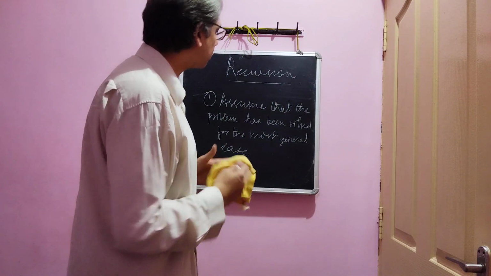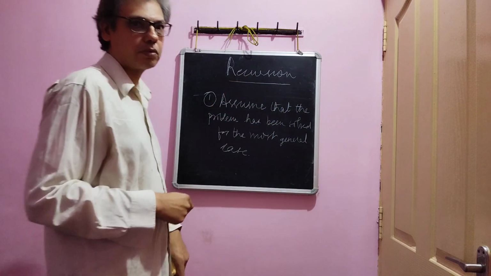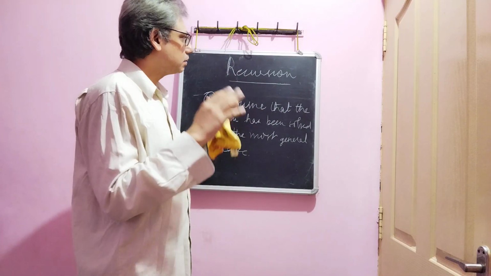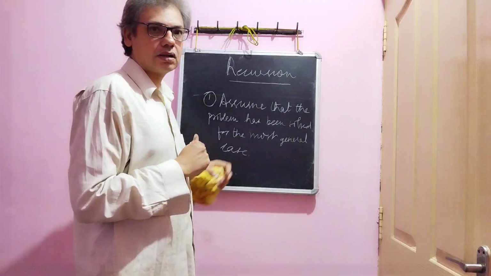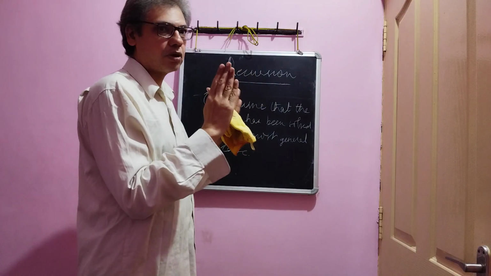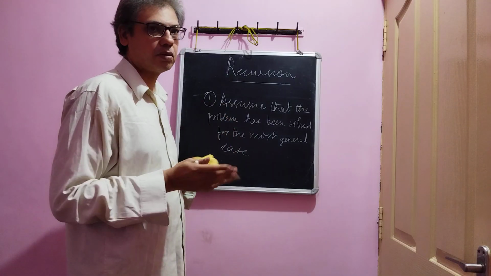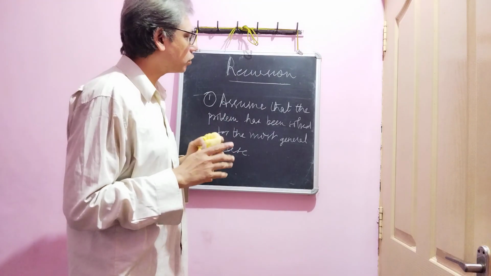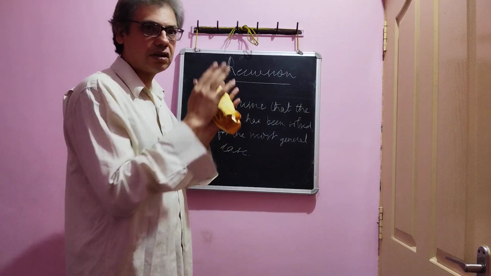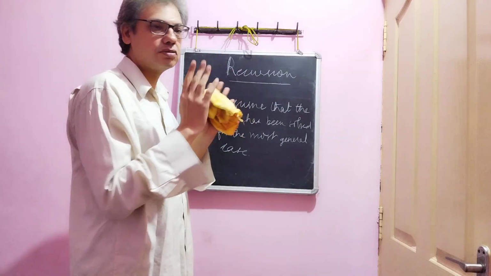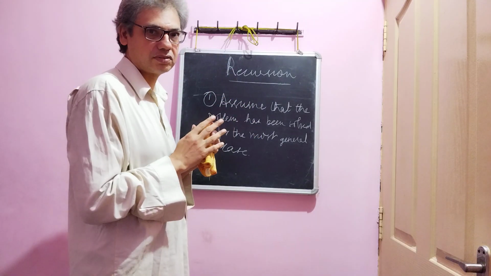Now when a problem is subdivided into smaller problems, the larger problem I'll call the main problem, and the smaller problems I shall call the sub-problems. It is possible to decompose the main problem into smaller dissimilar problems.